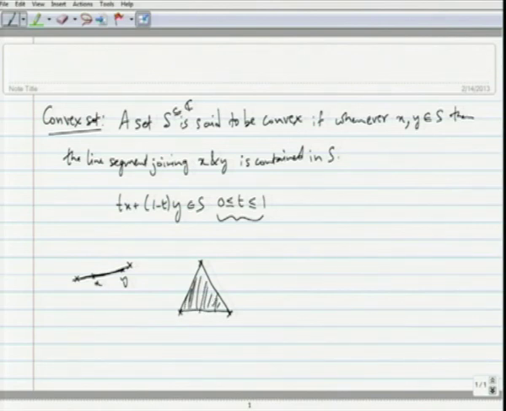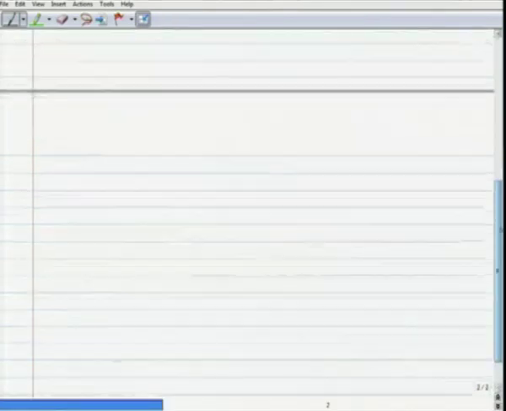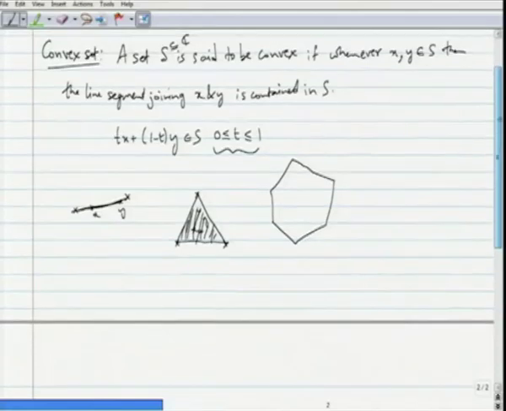You pick any two points x, y inside the set, they could be on the boundary, for example, and the line segment joining them is contained in the set. In general, the inside of a polygon along with its boundary is a convex set. Then there is the concept of a convex hull.